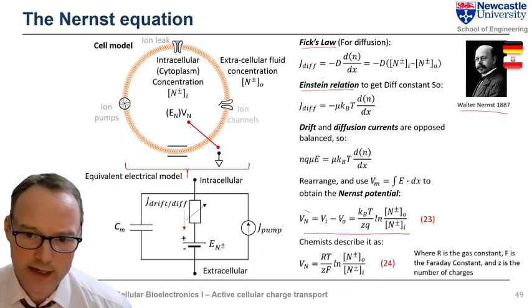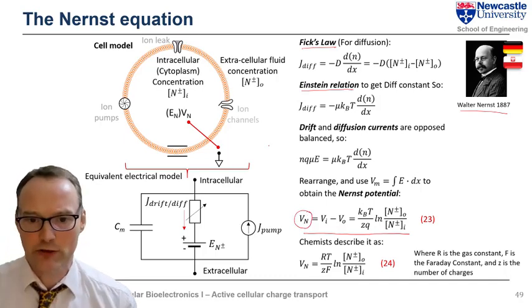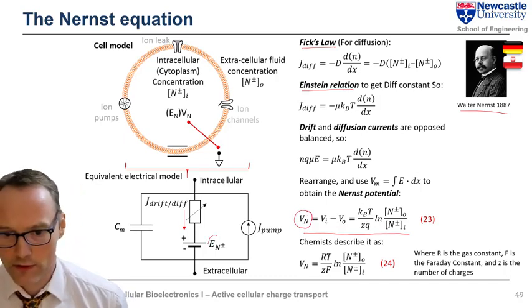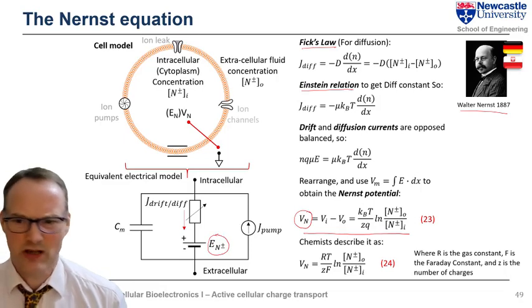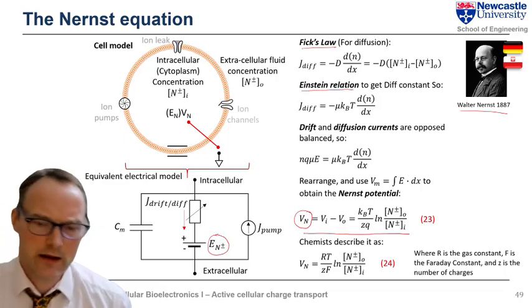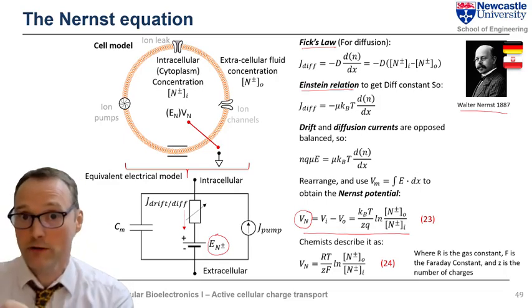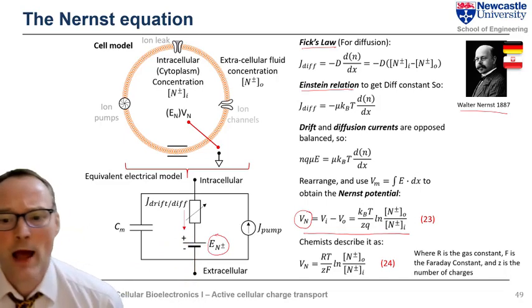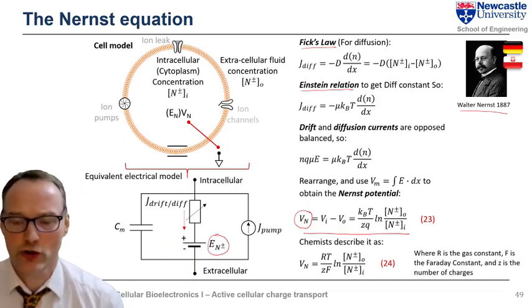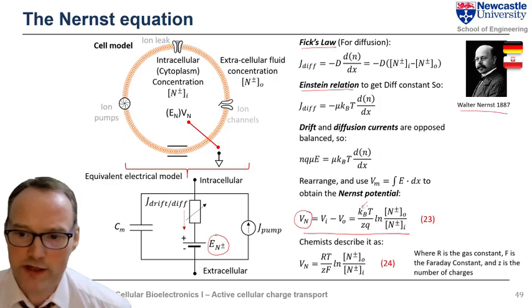Basically what he's saying is the Nernst potential, this thing here, which is sometimes described as an E and sometimes as a V. But basically it's the potential for a particular ion, not the entire cell. It's the potential due to a particular ion, and it relates Boltzmann's constant, the temperature, and the fundamental charge.